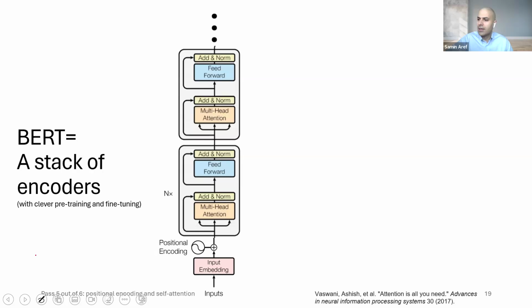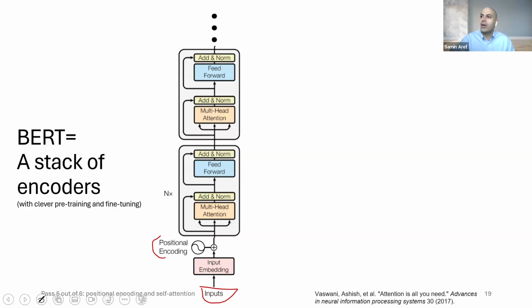It takes text as input, then it does some embedding. It represents words or tokens in the input as vectors. Then there's a positional encoding part. And after that, what we have is essentially tokens of the input that are represented as positionally encoded vectors.